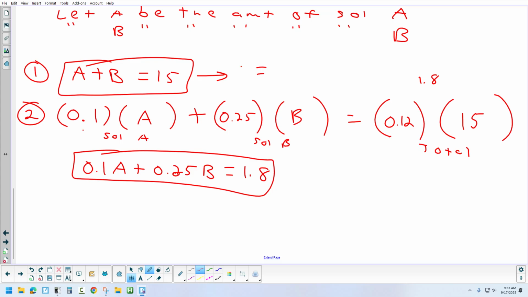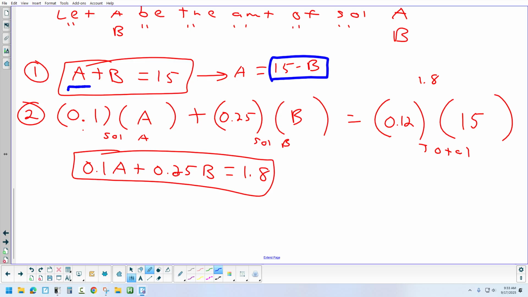A equals 15 minus B. Perfect. Okay, so now we've isolated a variable. What am I going to do with that 15 minus B now? Substitute it for A. Right here?